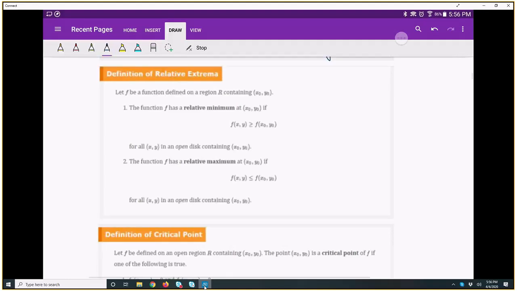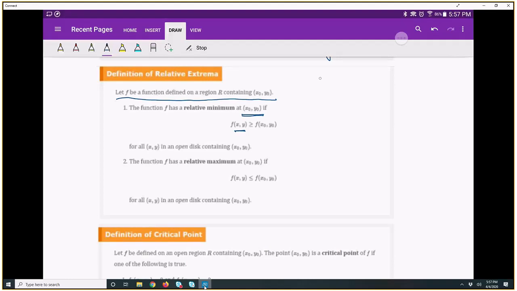So what are relative maximum and relative minimum? As long as I know a function is defined on a region R containing a point x0, y0, we say the point x0, y0 is the point of relative minimum if for any other point x, y in this region R, the value of the function at the point x, y is greater than or equal to the value of the function at the point x0, y0.